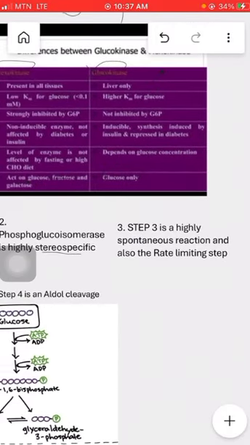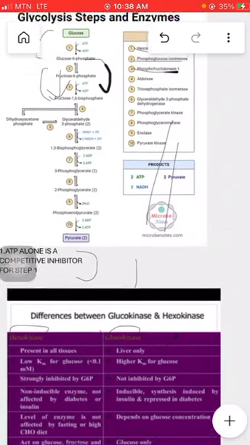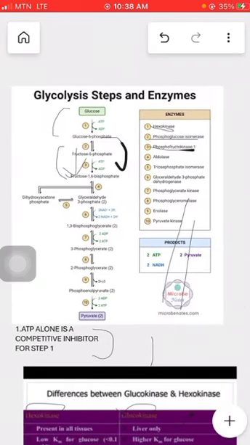Step 3, I said that step 3 is highly spontaneous, and it is also the rate limiting step. So they can ask you in exams what the rate limiting step is. The rate limiting step is step 3. And this step 3 is being catalyzed by which enzyme? The phosphofructokinase 1 enzyme. Note that.